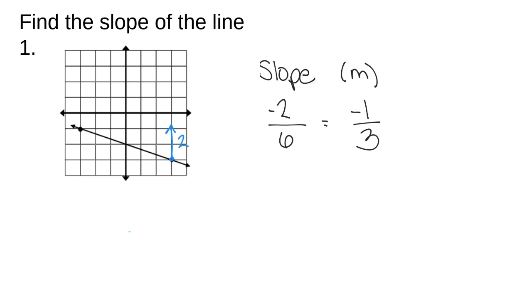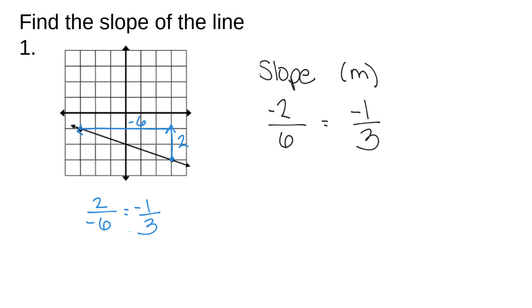But then to get to this point over here, we would have to go this way, which means we're going in a negative direction, or negative 6. So your rise would have been 2 and your run negative 6, which if you reduce that fraction, you're also going to get negative 1/3. The slope is the same no matter where you're at, as long as you use 2 points that are on that line.